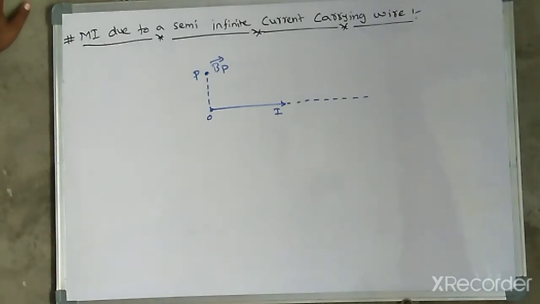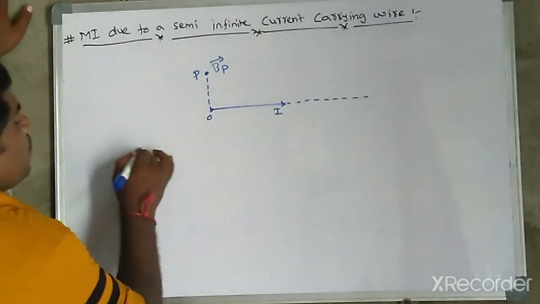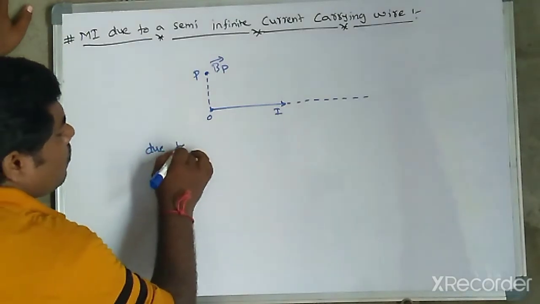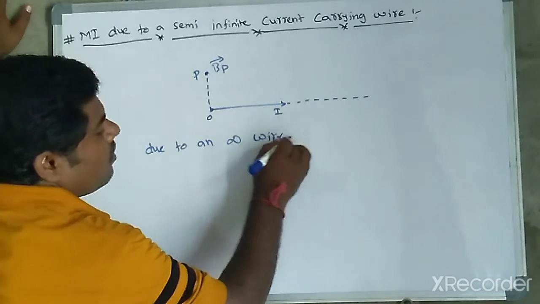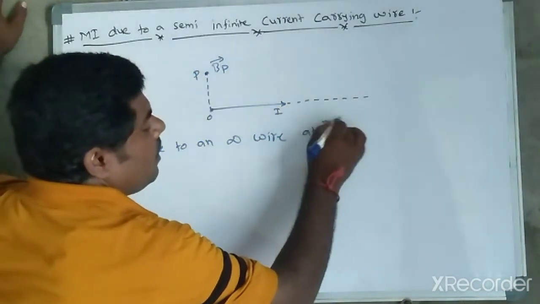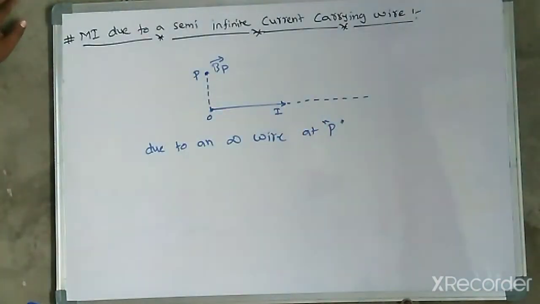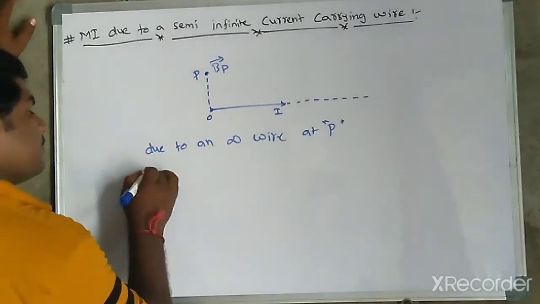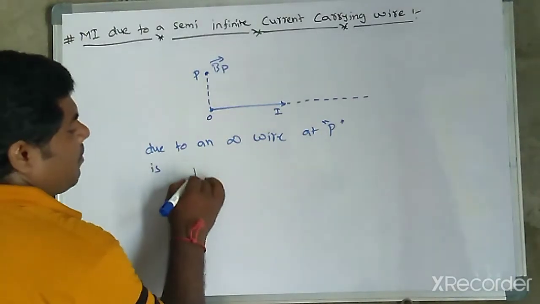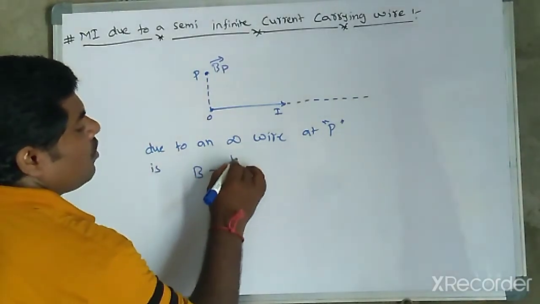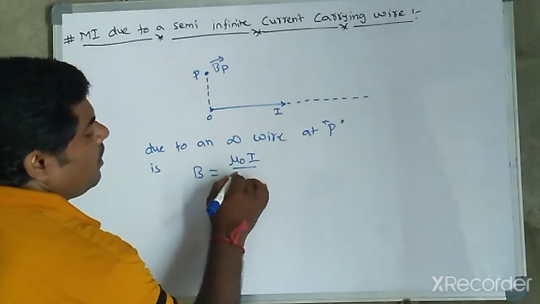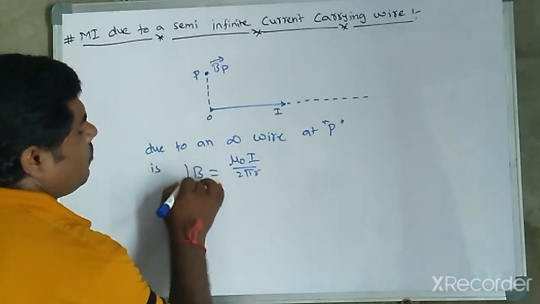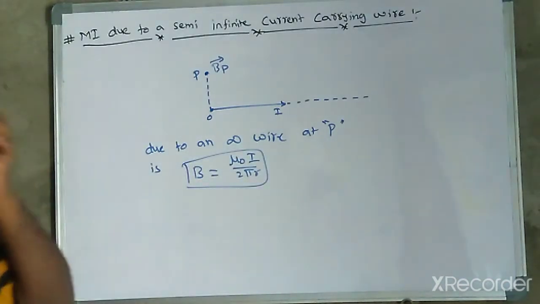Due to an infinite wire, the magnetic field at P is B equal to mu naught into I divided by 2 pi r. We derived this just now.